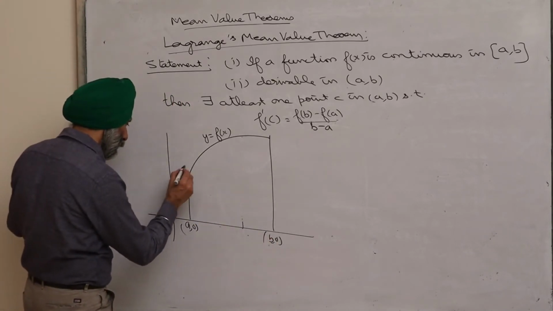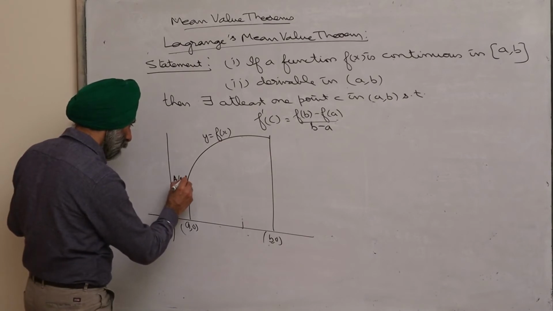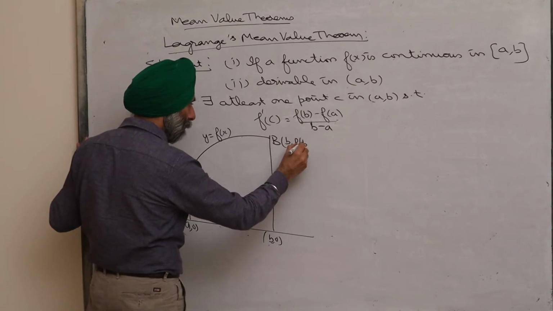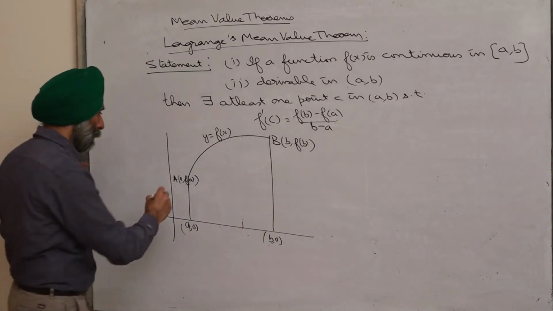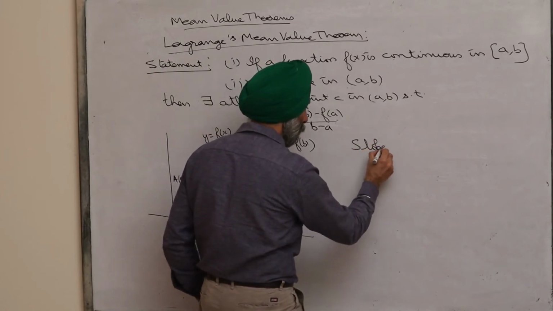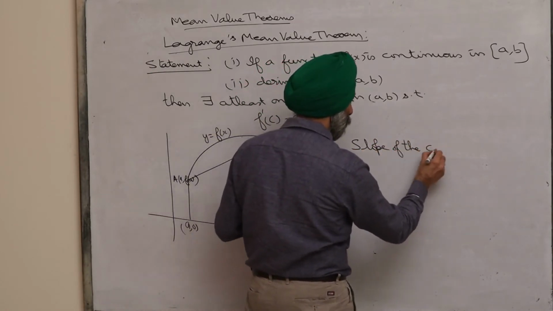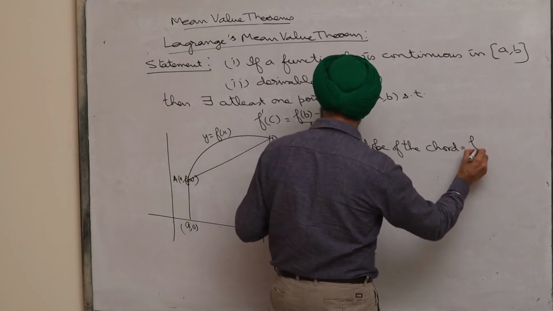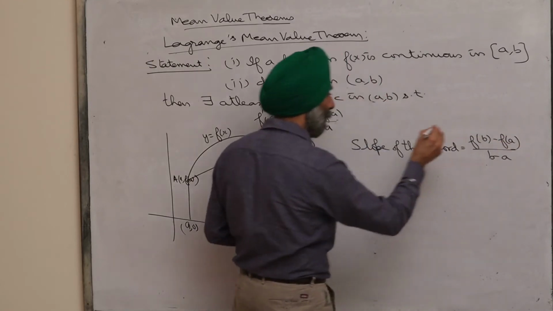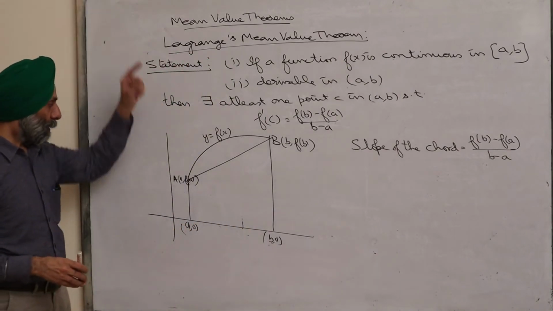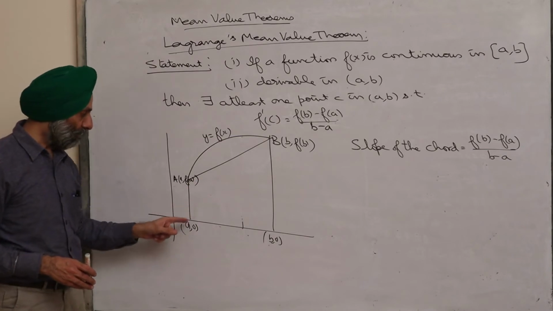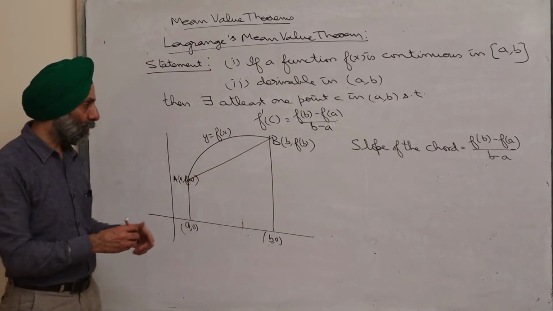Now say this point is (a, f(a)), and this point is (b, f(b)). Now the slope of the chord AB is equal to f of b minus f of a upon b minus a.